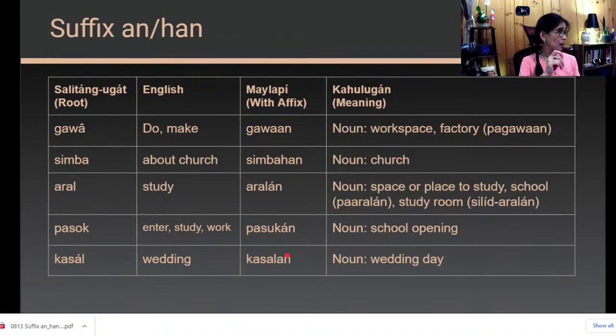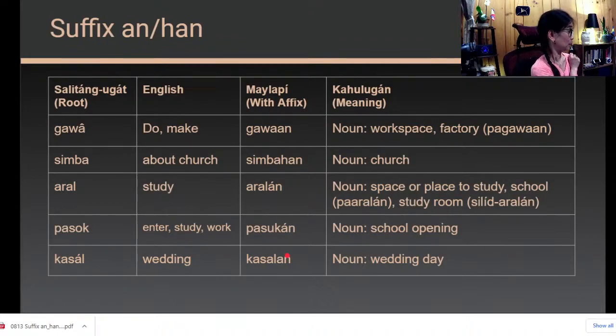Okay, so pasukan. This is getting kind of confusing, at least to me. Because pasok could mean enter, study, work, etc., right? And pasukan means school opening or something like that, right? So you have the one word for everything, you just keep saying one word.